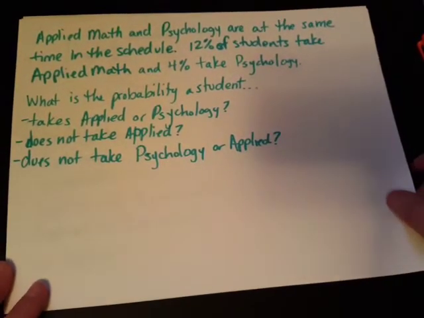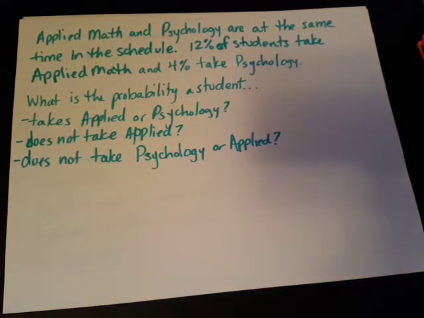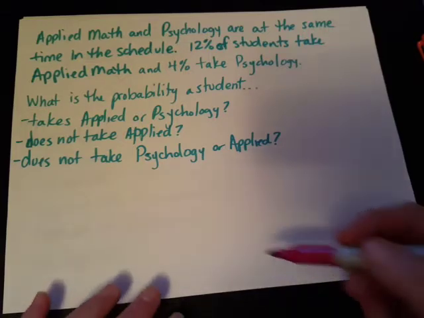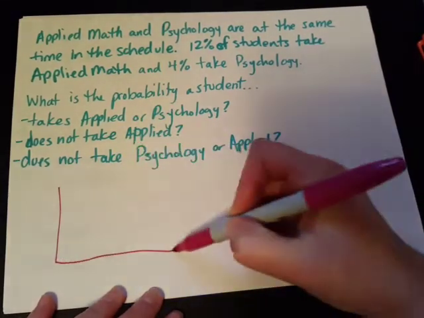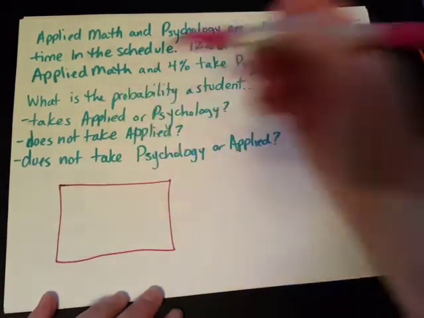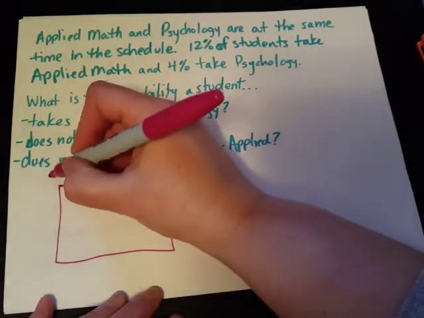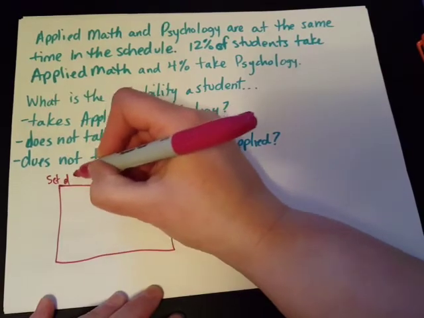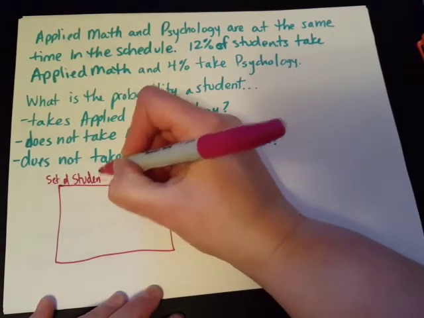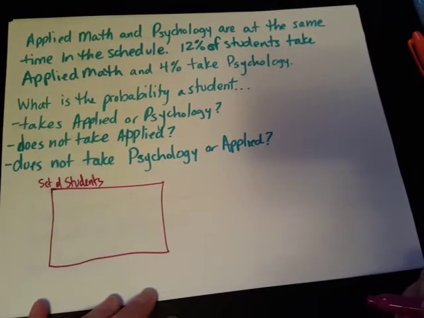So in our first example, we have two classes that are occurring at the same time, and it's impossible to schedule students in the two classes because they occur at the same time. So we're going to imagine sort of the student body. And if you will, I'm just going to make a big square to show the whole universe, this is the set of all the students that are at our school.